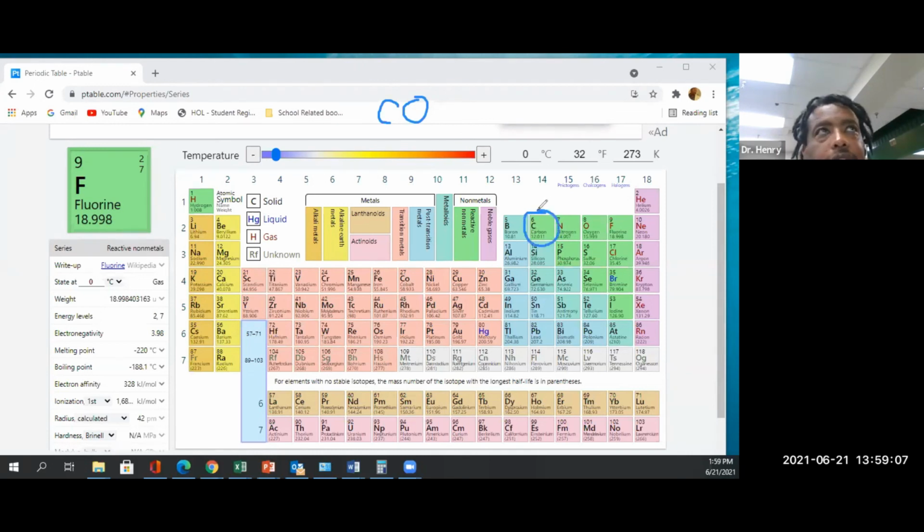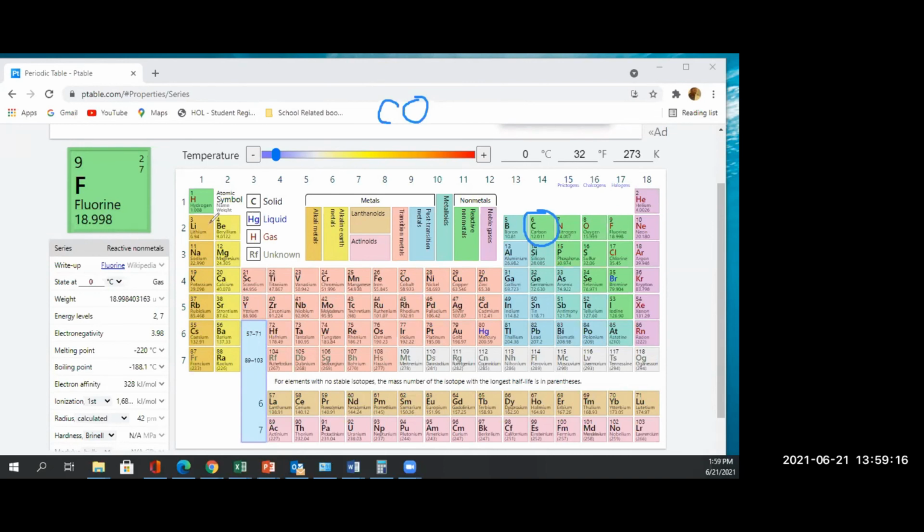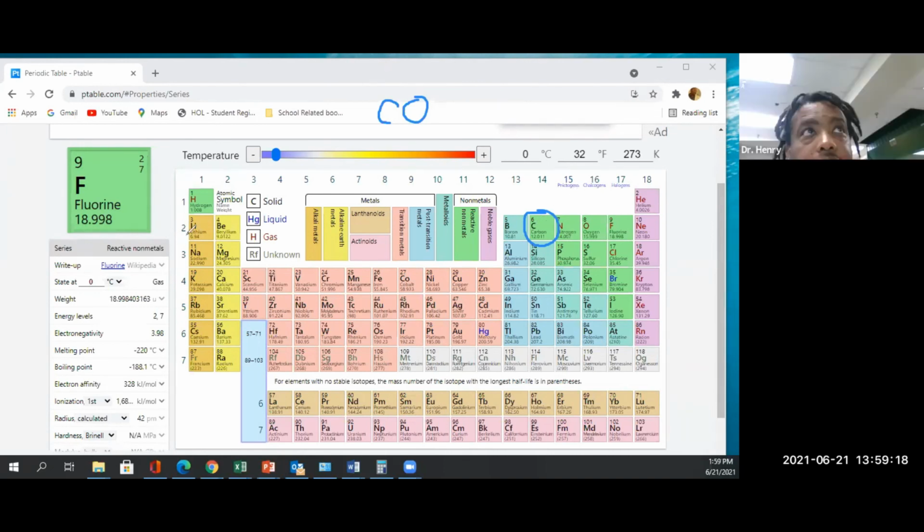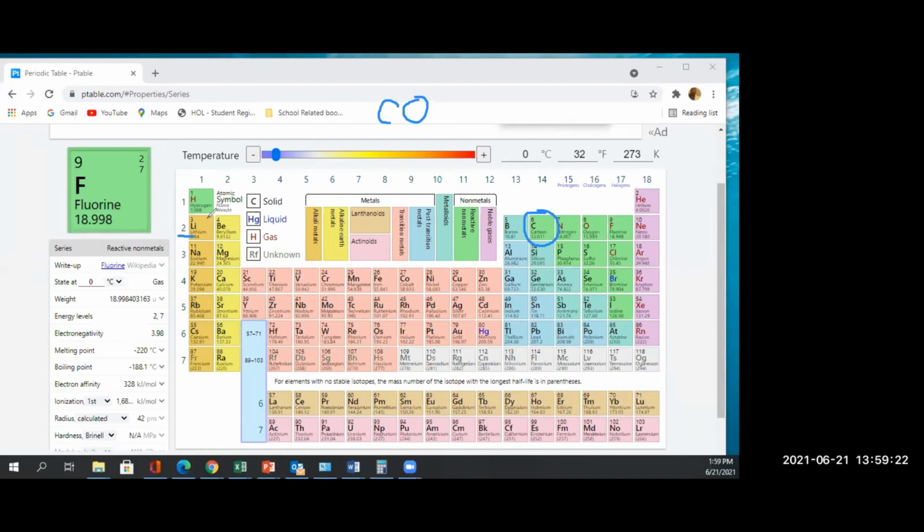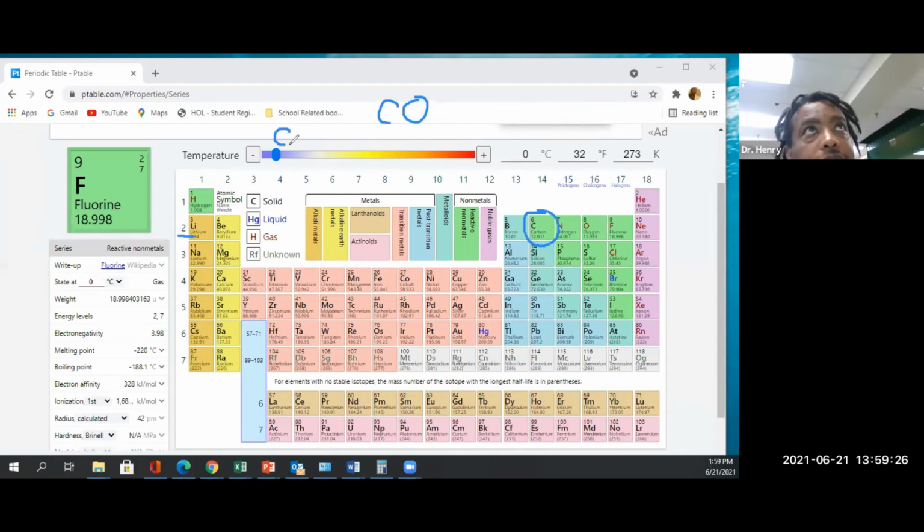So carbon has the atomic number 6, okay? So how many valence electrons does carbon have? The easiest way is to count across to carbon, starting at the second period because that's where it's at. So 1, 2 for the S, and then the P, 3, 4. So we know that carbon is going to have 4 dots.